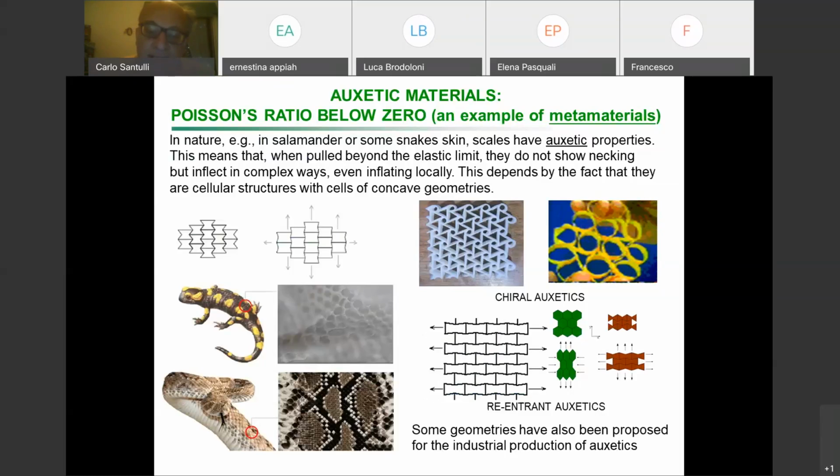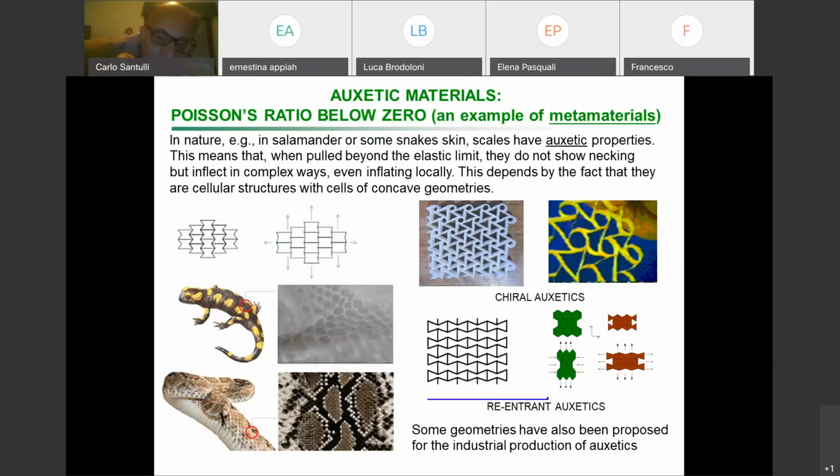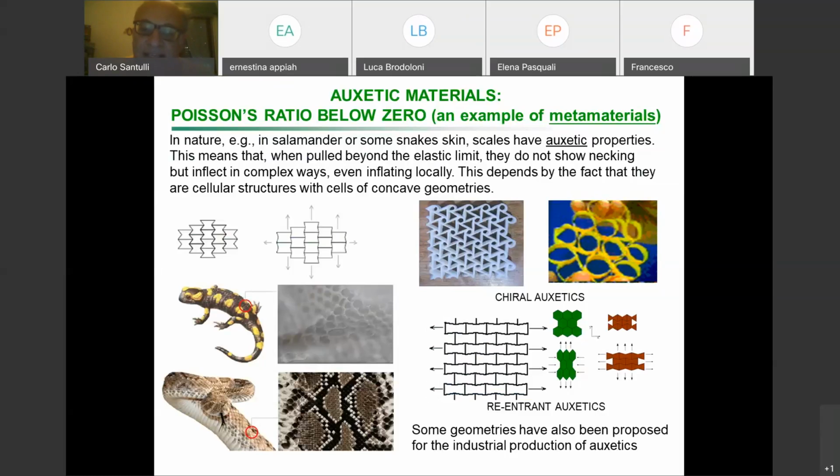And so it's possible also to have other situations where the concavity is less evident but still present.